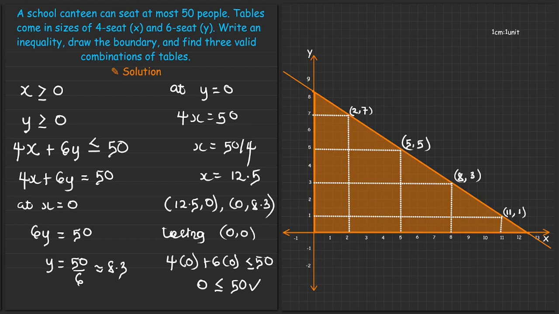So with that, you can take any of these values we see over here and it would work. But if you want to maximize the space, then you would take what we have on the line over here.